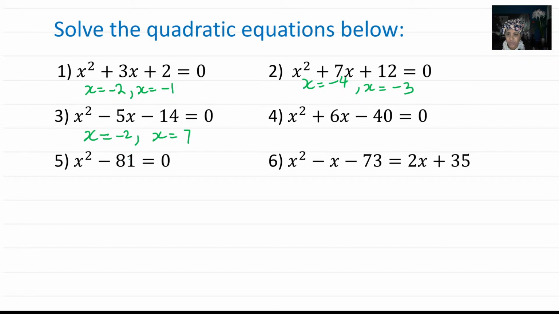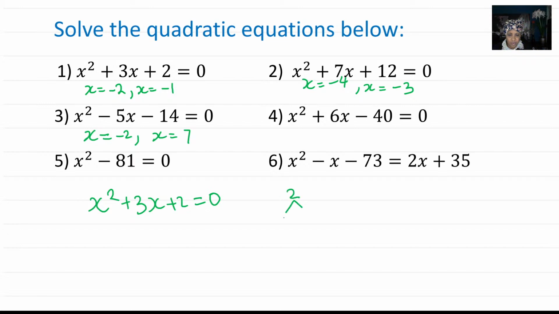Okay, you don't understand question 1. Okay, I'm going to do question 1 here, okay? So you guys carry on if you're doing. So question 1, we've got x squared plus 3x plus 2 equals 0. Now we need to make a 2. There's only one way to make a 2, right?